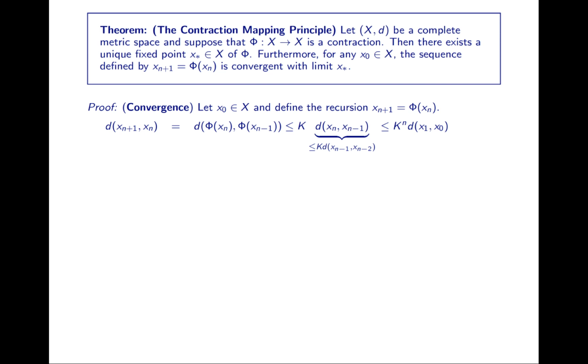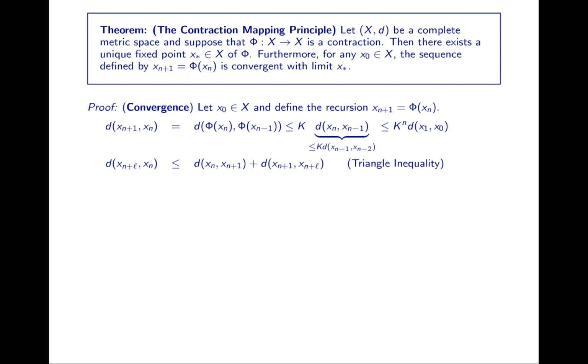And I could repeat that until I get to the distance between x1 and x0, and I'll be building k's as I go. So the distance between xn plus 1 and xn is less than or equal to k to the nth power times that original distance, the distance between x1 and x0. And remember that k is strictly less than 1 and non-negative.